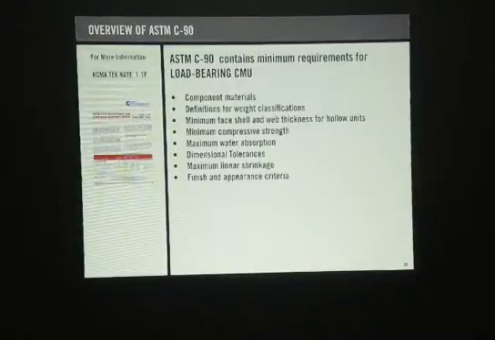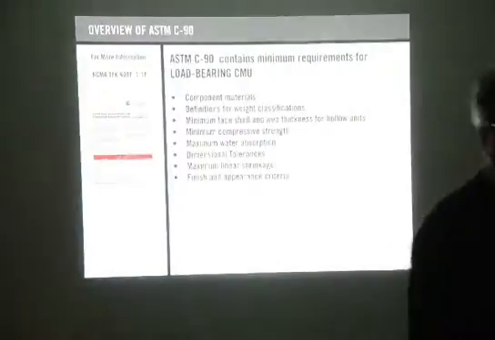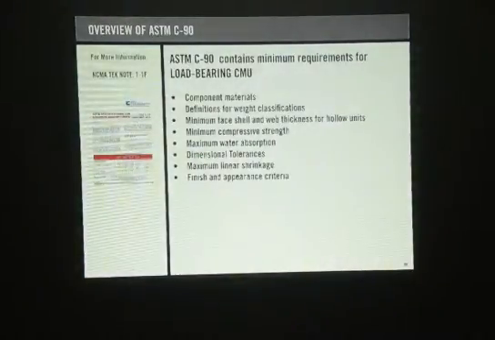It's called an NCMA tech note. There's a whole big binder available, or of course online. What is NCMA, Mike? It's the National Concrete Masonry Association. It's another governing body, people who provide us guidelines for practices.